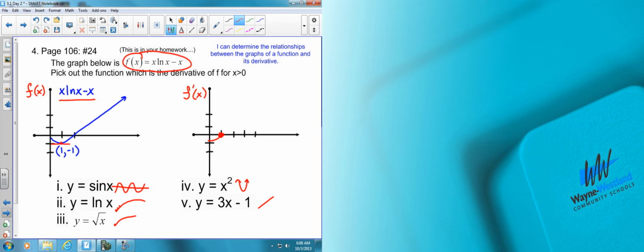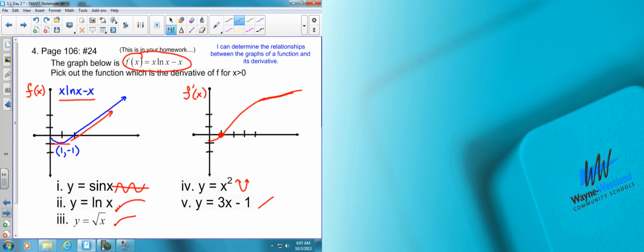Then you have an increasing function from 1 on. So somehow your graph is going to go up and go on indefinitely. And it seems to level out near some slope. Maybe it doesn't have a tangent up there, but it seems to level out.